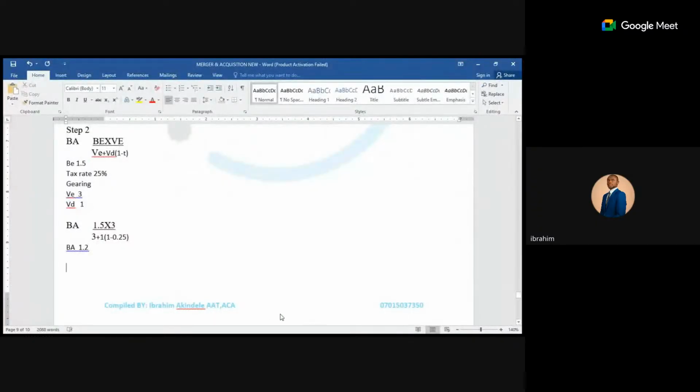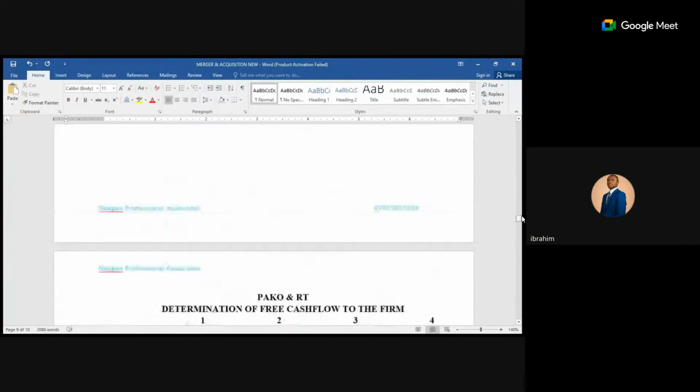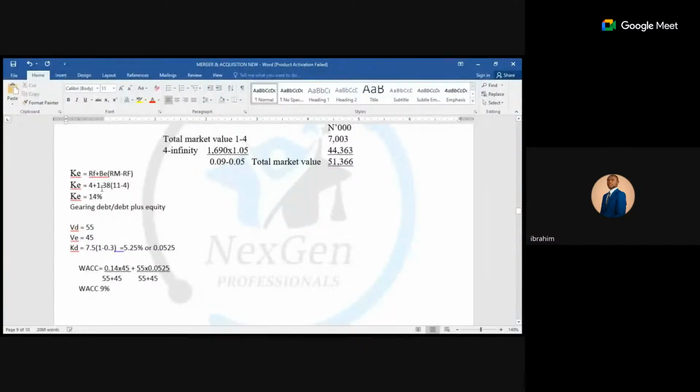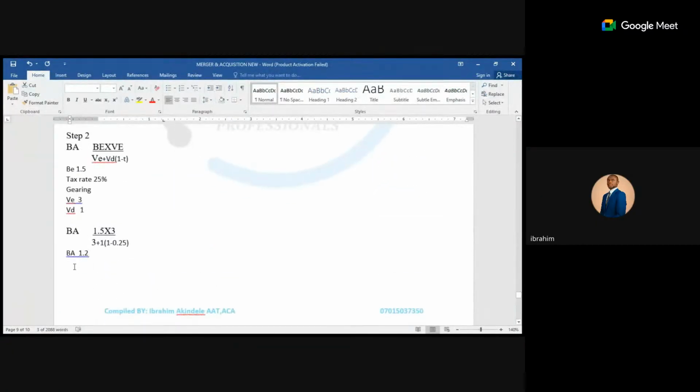so our CAPM, cost of equity, right? Sorry, what is our step 3?